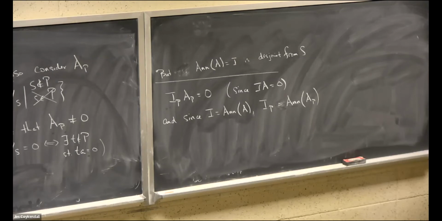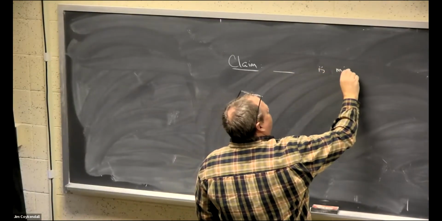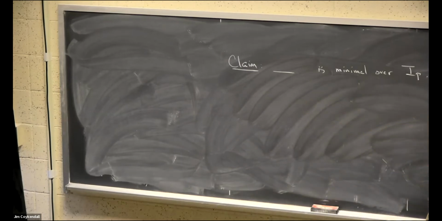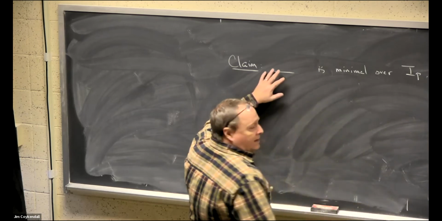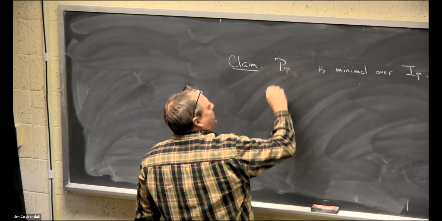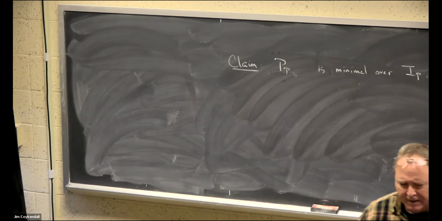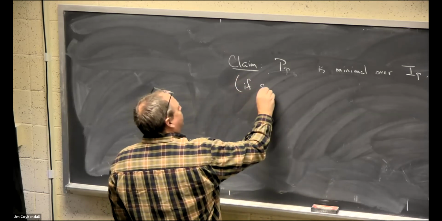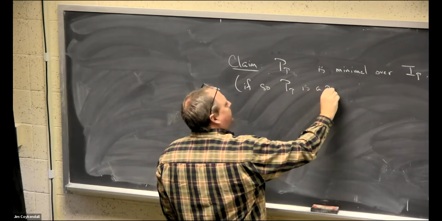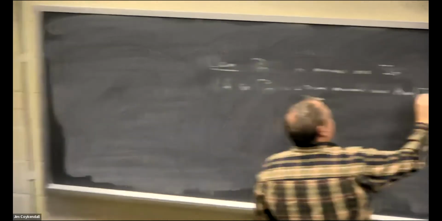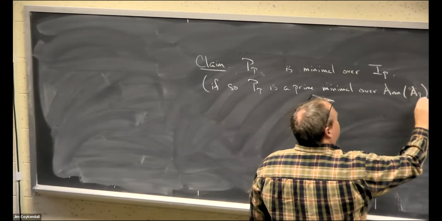And the next step, I claim that P in the original situation was minimal over I. I claim that in my localized situation, P localized at P is minimal over I localized at P. And if so, P localized at P is a prime minimal over I localized.